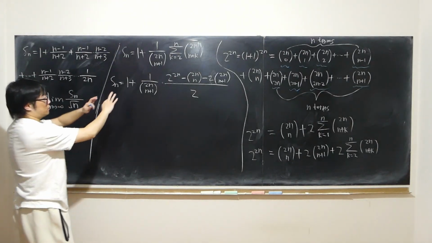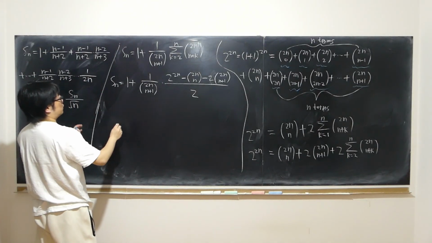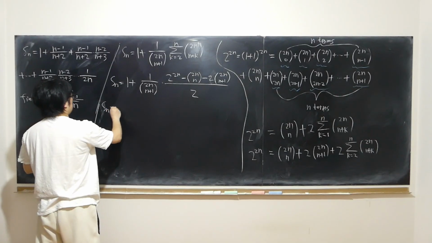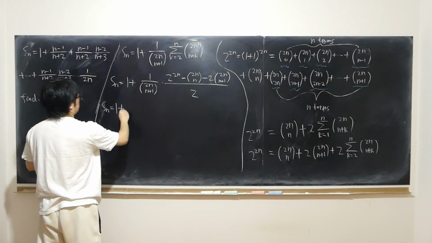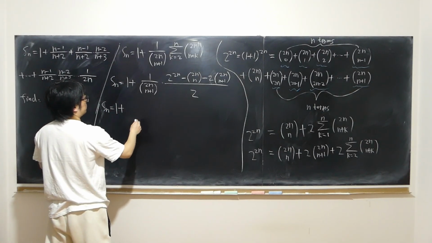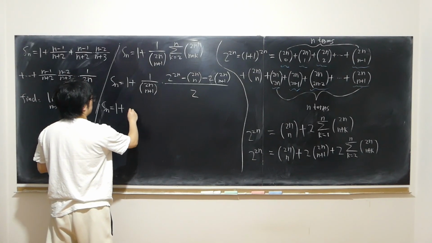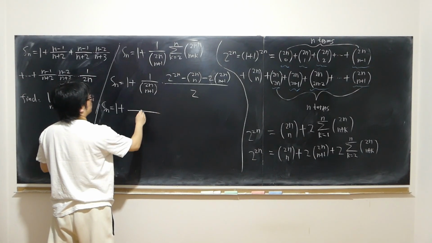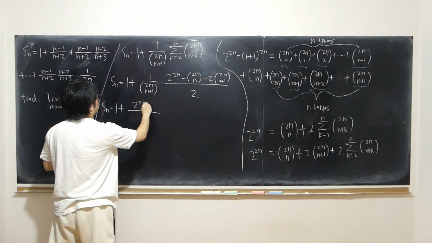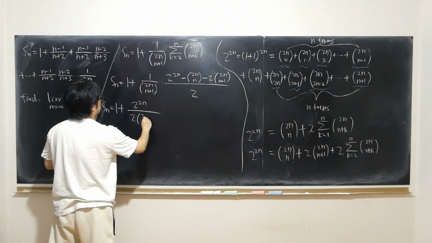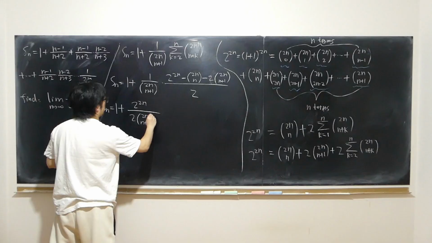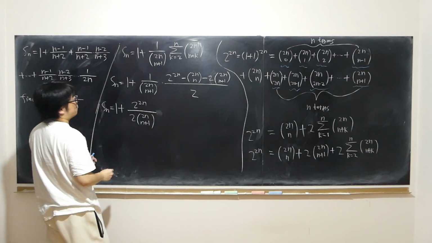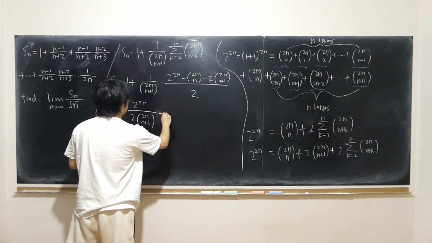So now can we simplify a little bit? Not all the terms, just a few of them. First term, perhaps not, I'll just copy it down: 2 to the 2n. Second term, perhaps not.